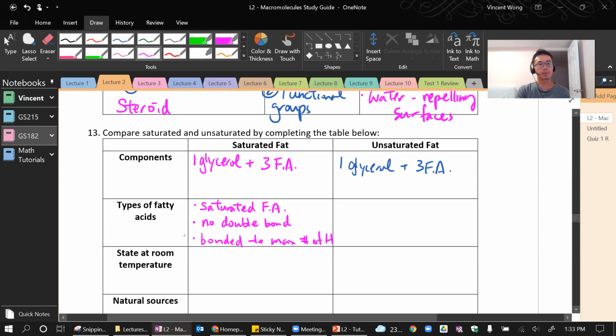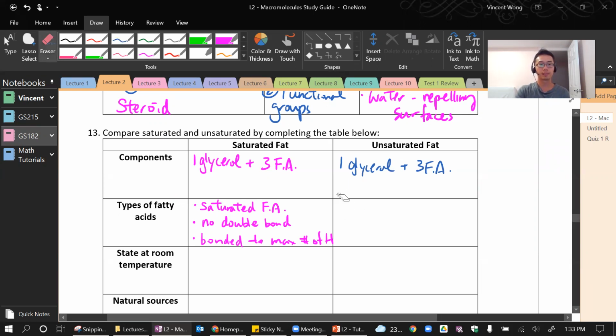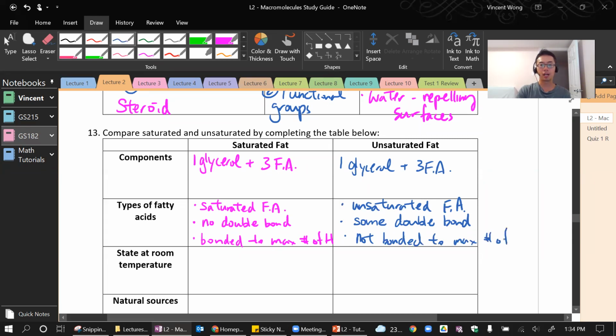Okay, types of fatty acids for unsaturated fat, we would have unsaturated fatty acids. That means there might be some double bond, and the carbons are not bonded to the max number of hydrogens.